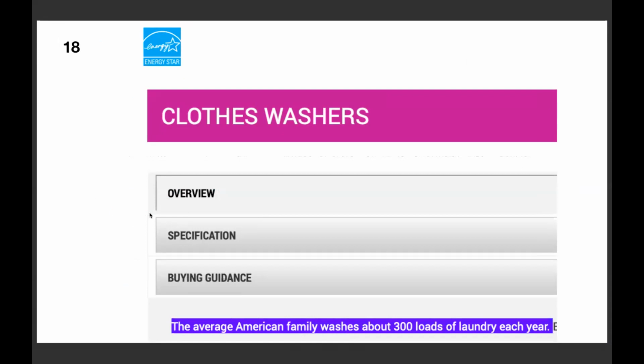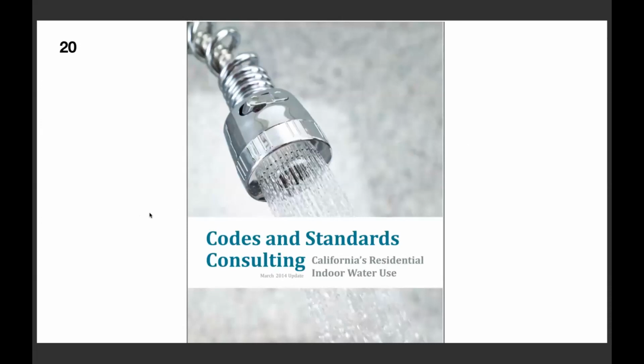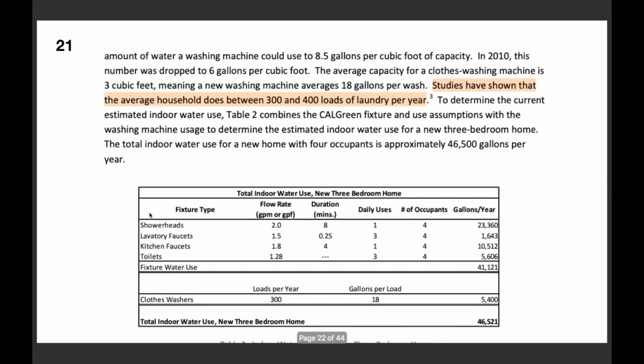Kylie Hensley kindly wrote back with this: the assumption of 392 loads per year per average household in California is supported by this study. This link takes you to this document. In this document, it says, studies have shown that the average household does between 300 and 400 loads of laundry per year. But 392 in Los Osos?